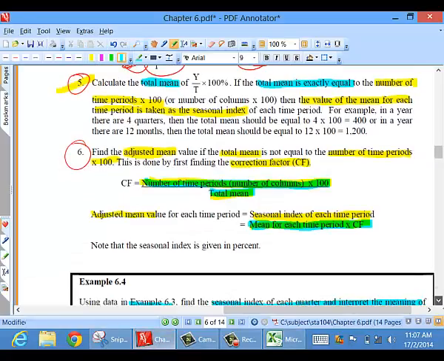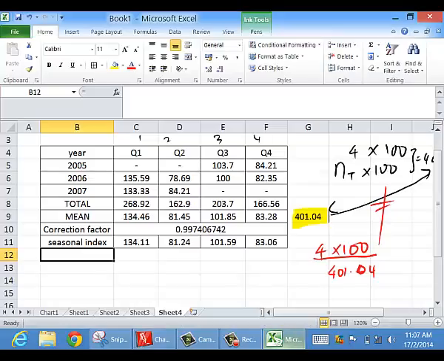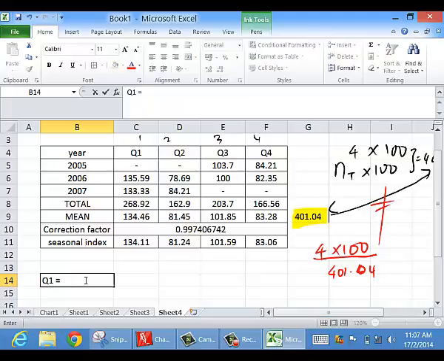So look at the question. Apa soalan dia kata? Using data in example 6.3, find seasonal index for each quarter and interpret the meaning of seasonal index for each quarter. So to interpret the meaning, quarter number 1 equal to 134.11.